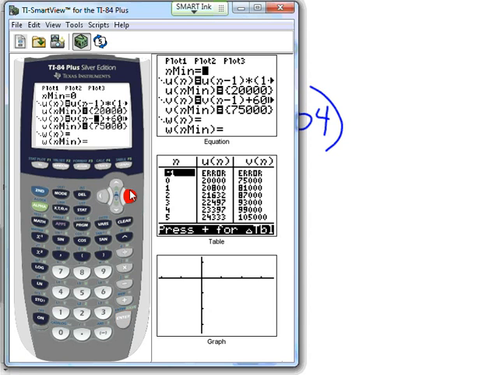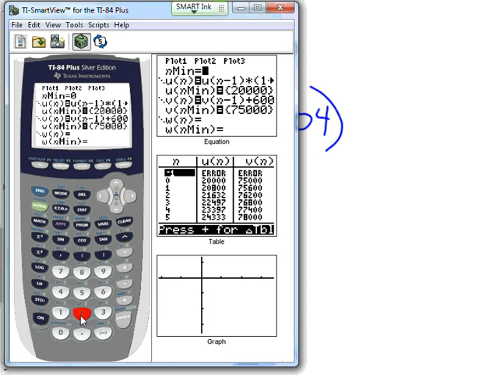And let's say we're going to compare two options. You have the option of getting $600 a year. So make this one say v sub n minus 1 plus 600. And by the way, the v is right above the 8. So I can take $600 a year, or I can do that other option, which was 4%.